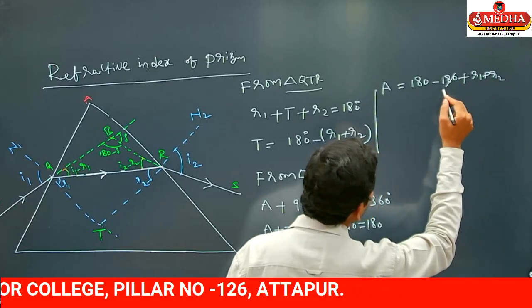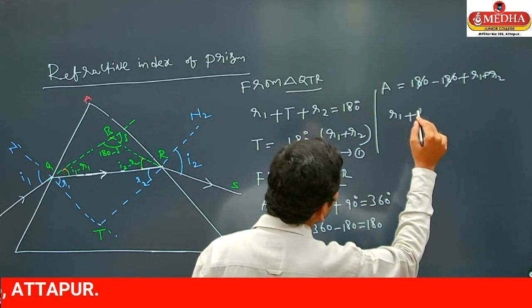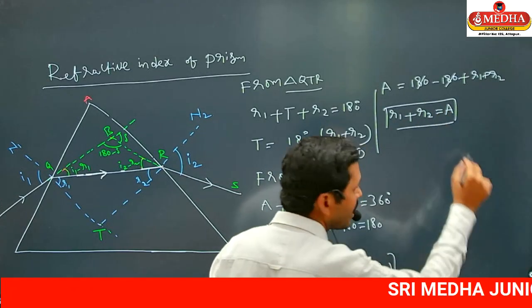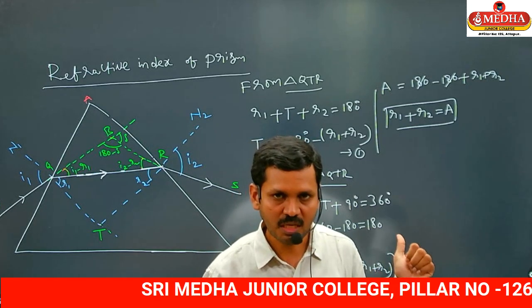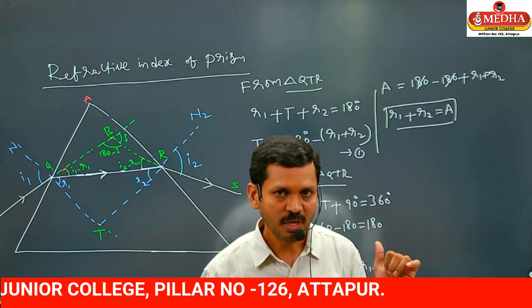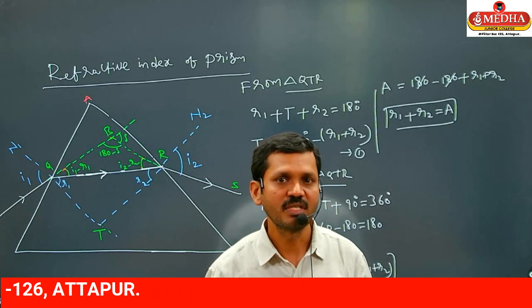The minus 180 and plus 180 cancel. Now we got one relation: R1 plus R2 is equal to A. What is A representing here? The angle of prism. R1 is the refraction of light at the first surface, and similarly R2 is the refraction of light at the second surface.